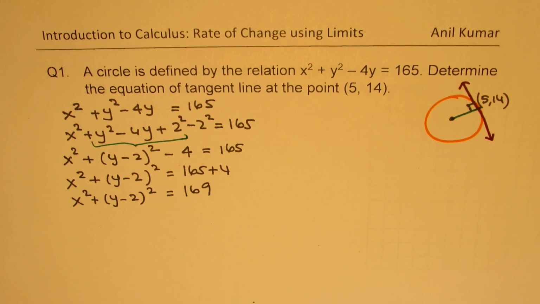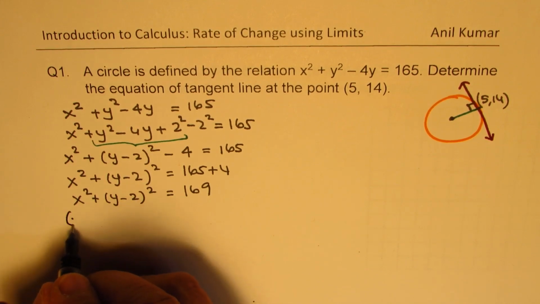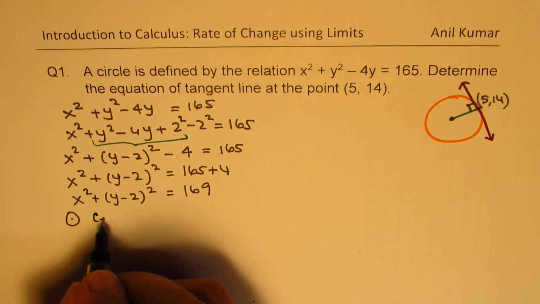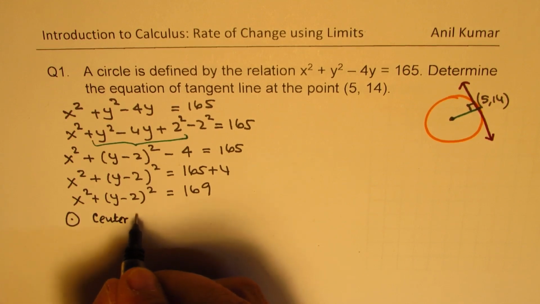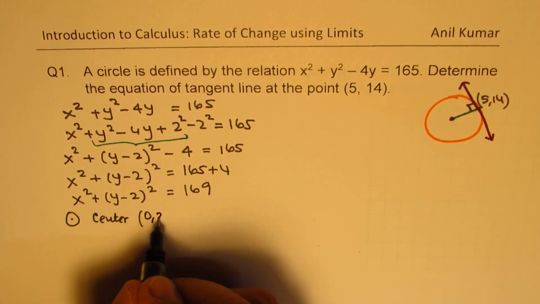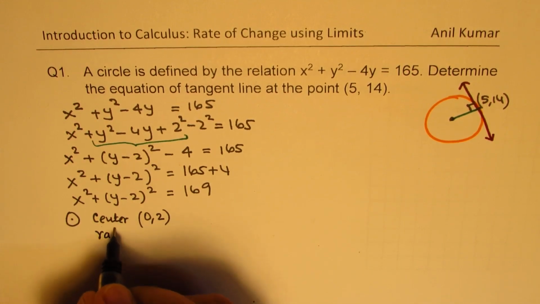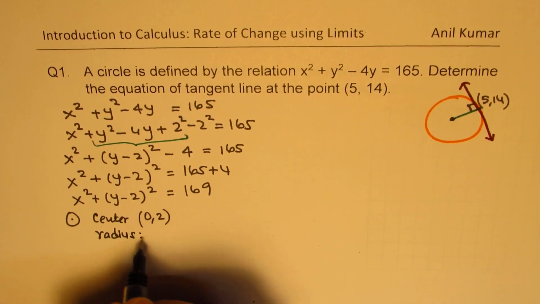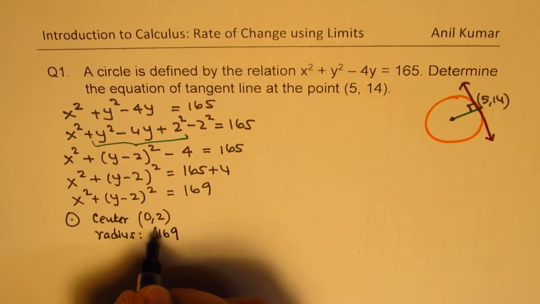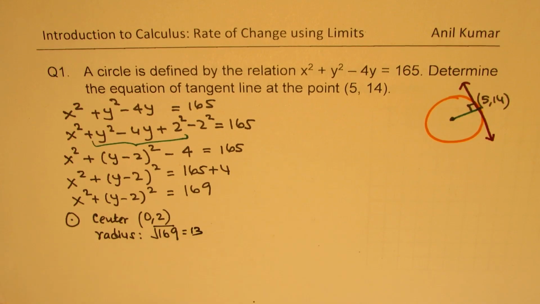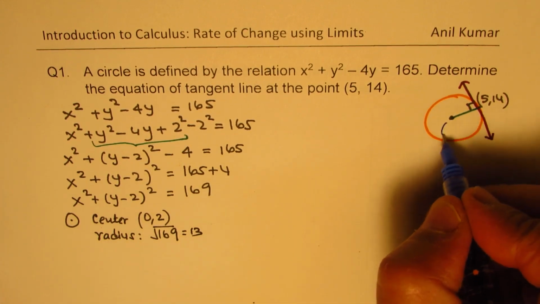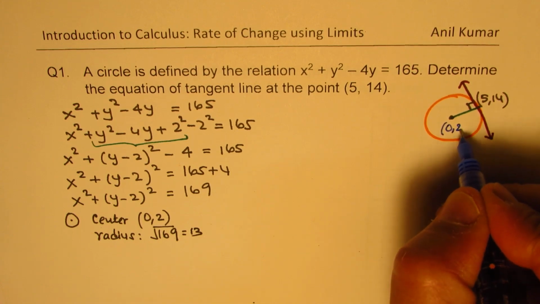So that defines our circle, right? So for this circle, we have center at the point which is (0, 2), and we have a radius which is square root of 169 equals 13, right? So we know now that this center is at (0, 2).